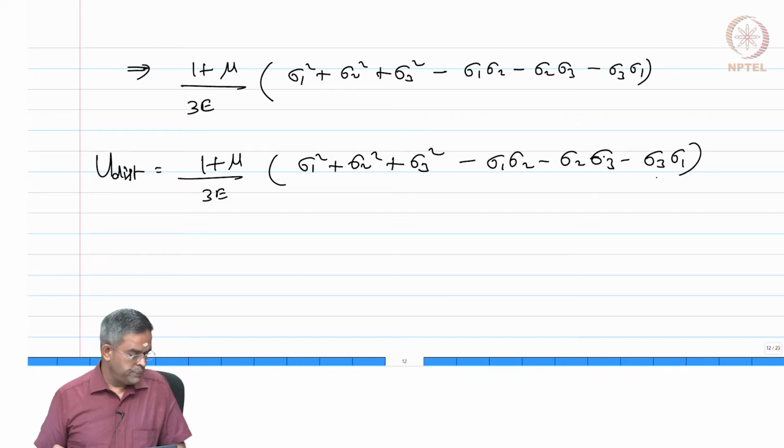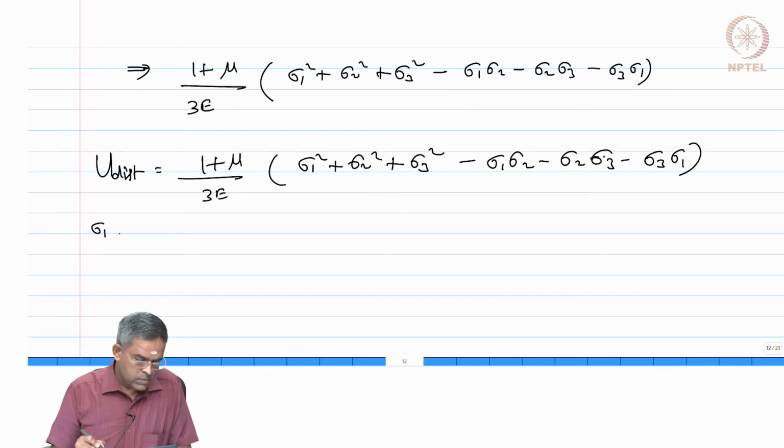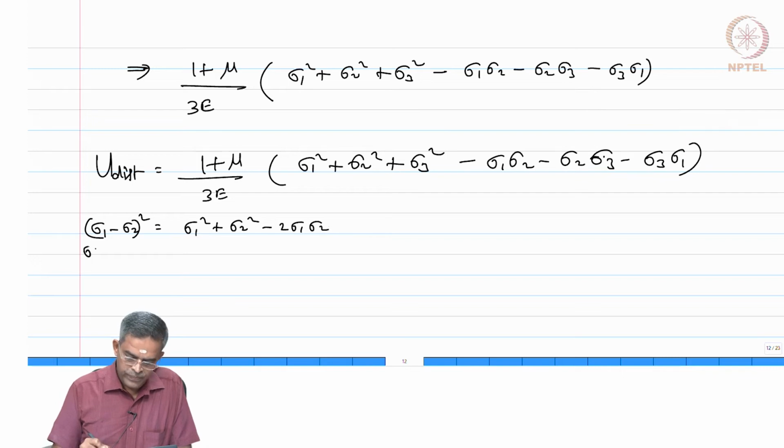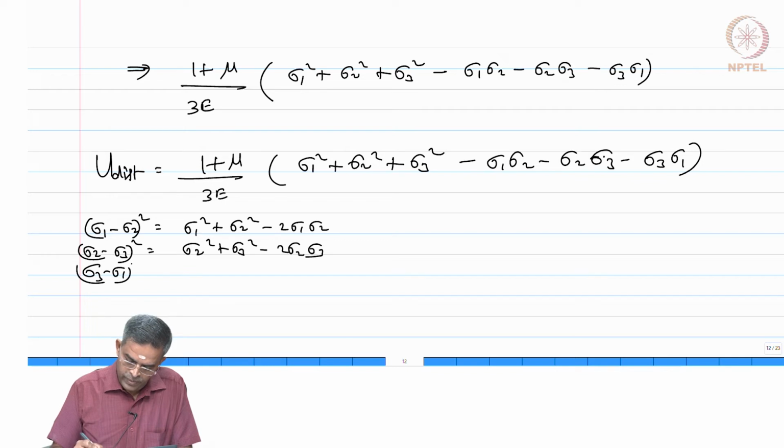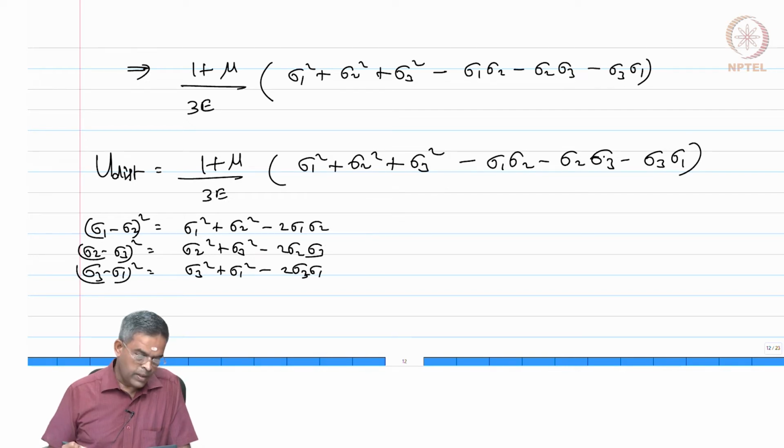So, let us do a little bit more mathematics in this. Now, (σ1 minus σ2) the whole square is this way, the whole square is this way, okay.